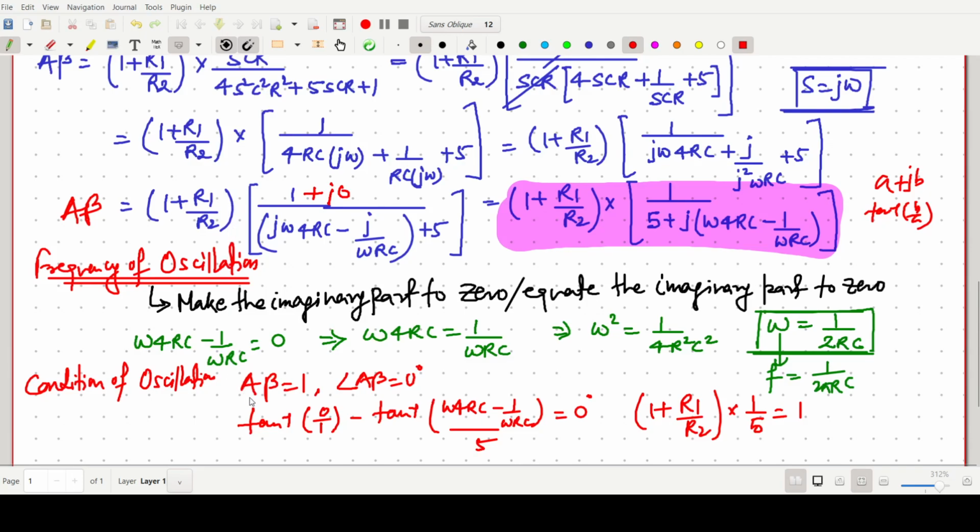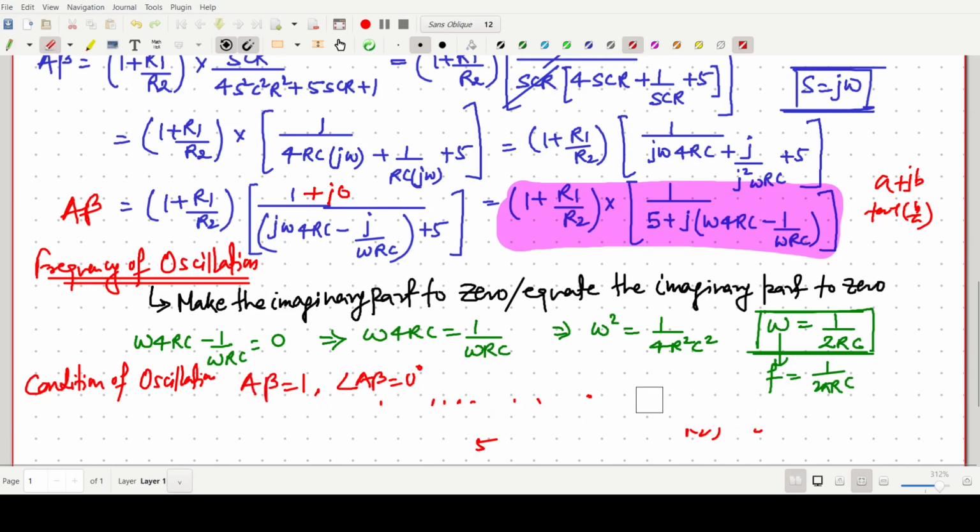If we are getting some confusion, again I am writing the same thing here. If A beta will be 1, we can write directly, no need to go for that one. 1 plus r1 by r2, then the modulus, so the upper section will be 1. Then if we put the condition of oscillation, that is the angle part, that is 0, so 1 by simplify equals to 1 plus, it should be 1.